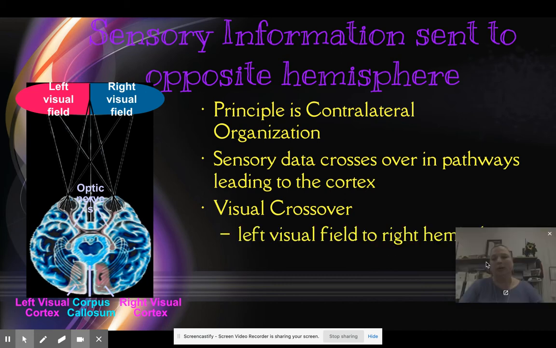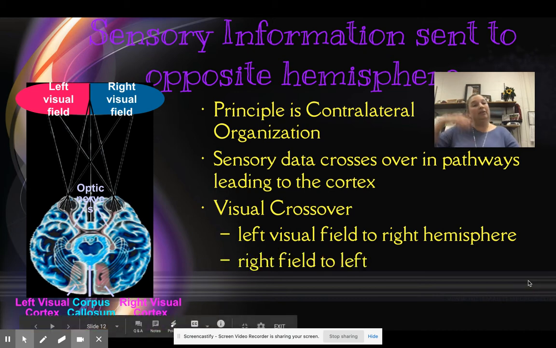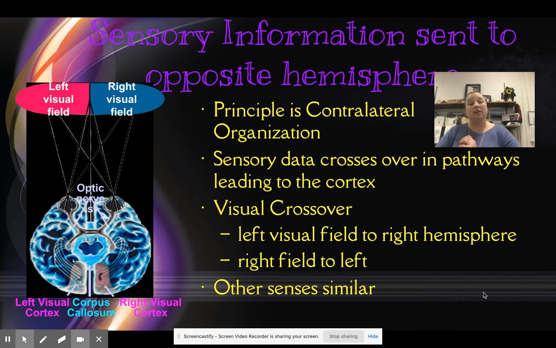So when you look at something in your left visual field, it goes to your right hemisphere and the right visual cortex in the back, in your occipital lobe. Same thing in the right field, it goes to your left visual cortex, and it's crossing over in that corpus callosum we talked about. Other senses are similar in that way. Whether it be hearing, we tend to cross over, stuff like that.